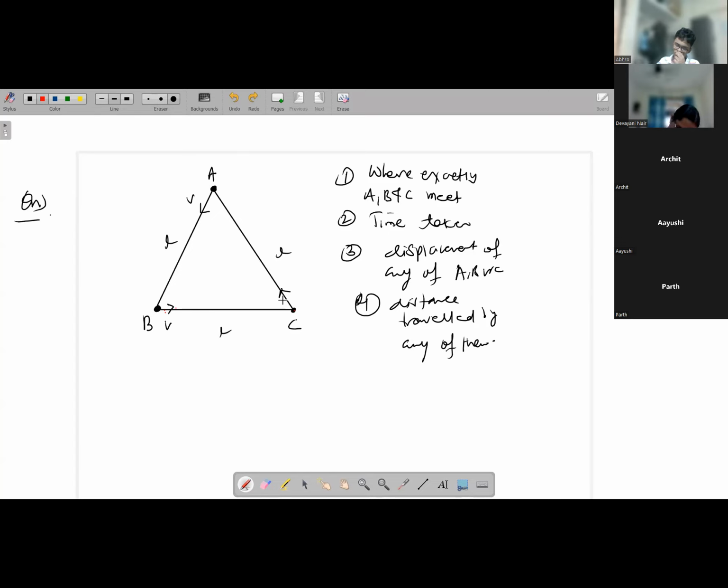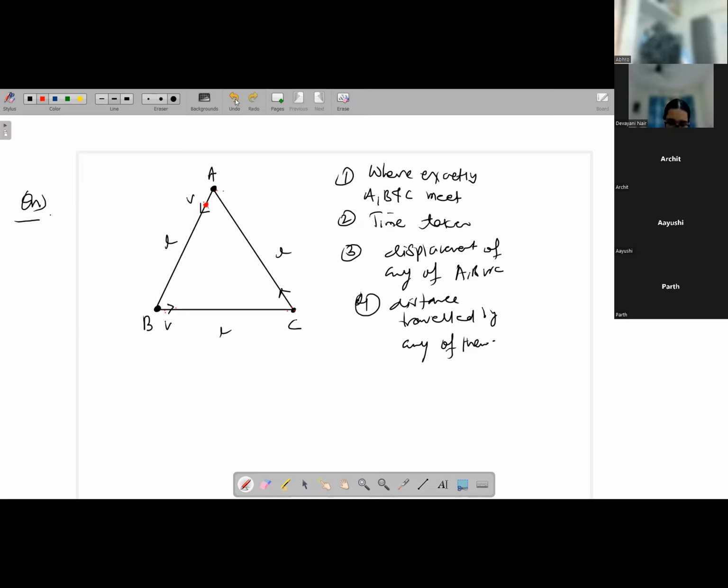See, if C has come some distance, then B will also come, A will also come. So suppose A comes here, then C has to travel in the direction of A. A will not travel on the side, A comes here. So C will travel. Initially, A was here, so C was traveling in this direction. Now A has come here, so C will not travel in this direction.